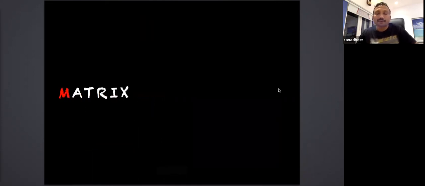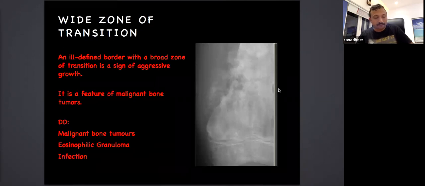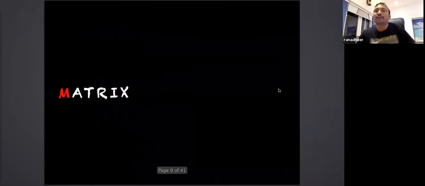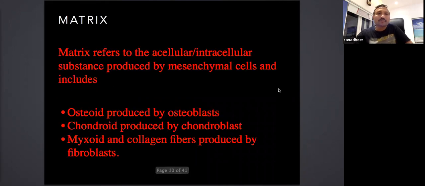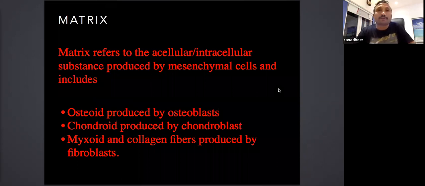Now we have finished S for site, T for transition zone, A for age. Now we are going for M. M is matrix. Matrix refers to the acellular or extracellular substance produced by the mesenchymal cells and includes osteoid produced by osteoblasts, chondroid produced by chondroblasts, and myxoid and collagen fibers produced by fibroblasts.